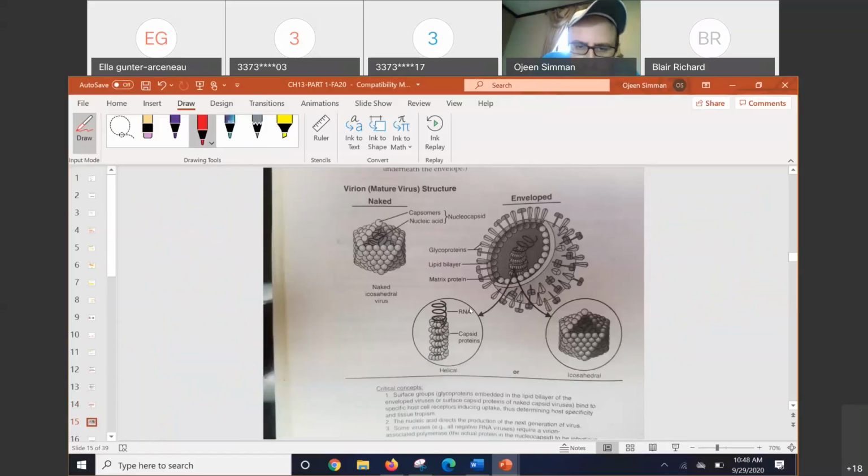This is a good picture that shows us the difference between a naked virus and an enveloped virus.